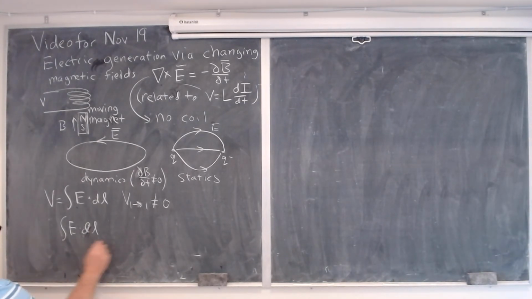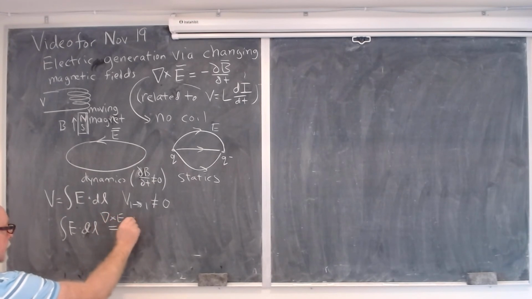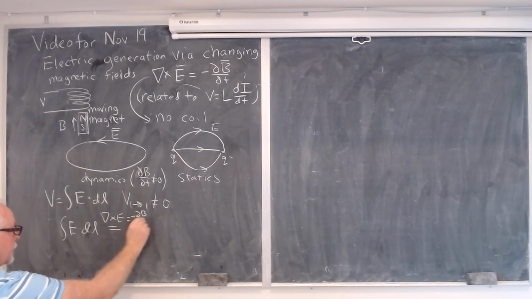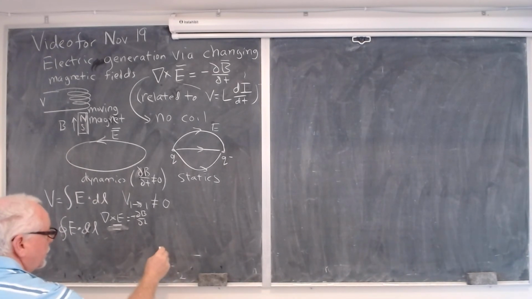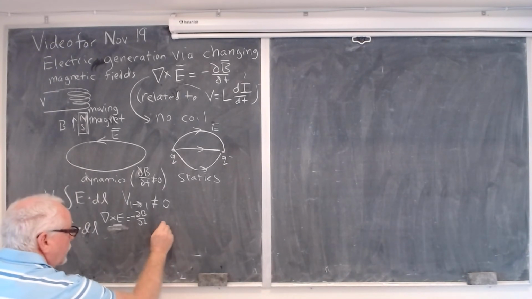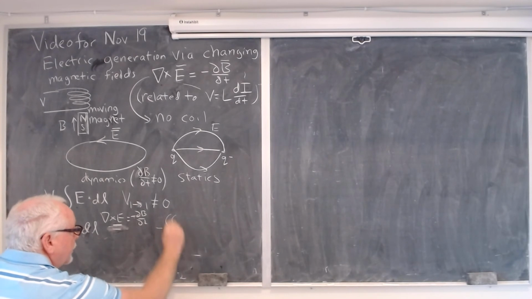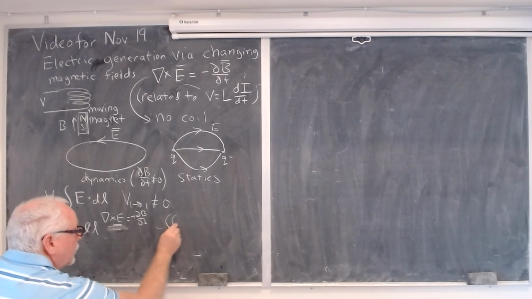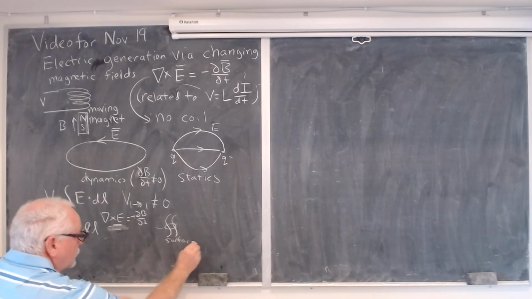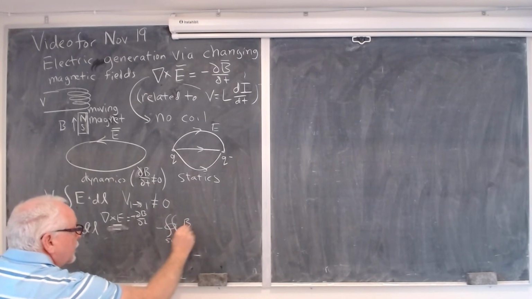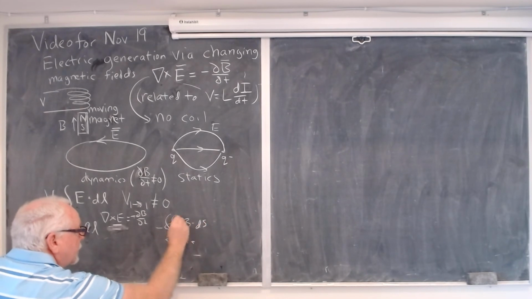So if del cross E is equal to minus dB/dt, and you perform that integration around a loop, you will get negative the integral over the surface of B dot dS, all over dt.